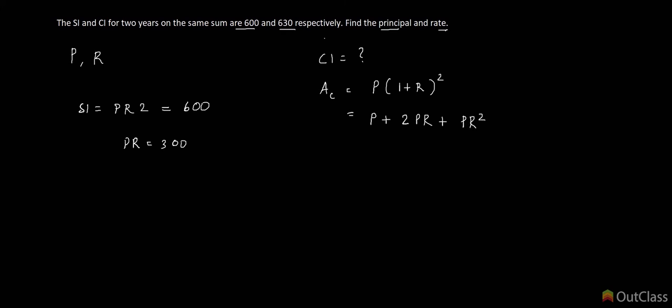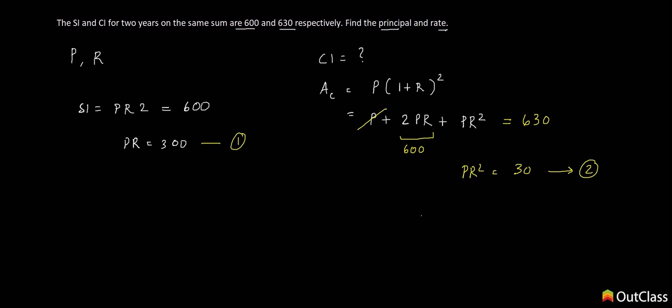Now, from this amount, if you subtract the principal, you'll get the combined compound interest for the 2 years, 2PR plus PR square. This is given to us as 630. Now, out of this, the first term we already found to be 600. So if you do the substitution, you'll get PR square is equal to 30. So PR is equal to 300. PR square is equal to 30.